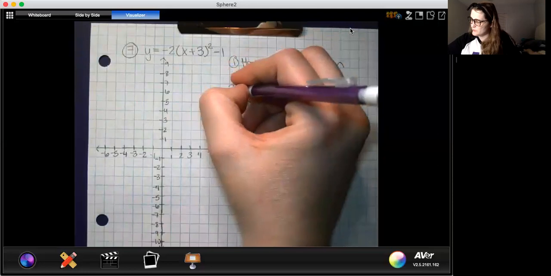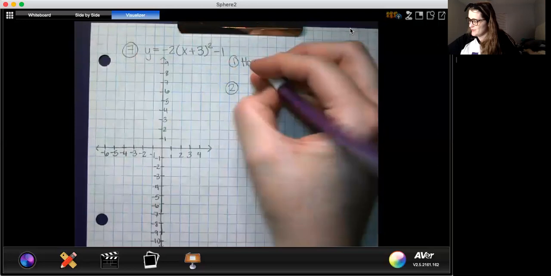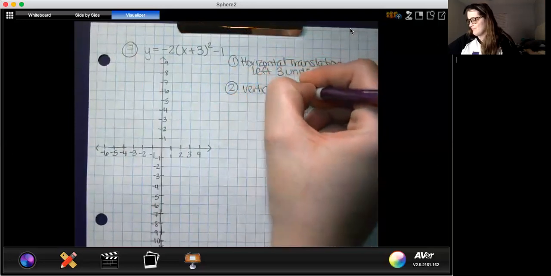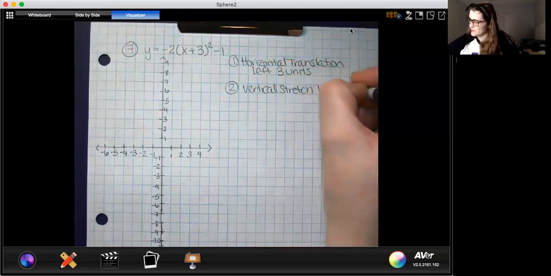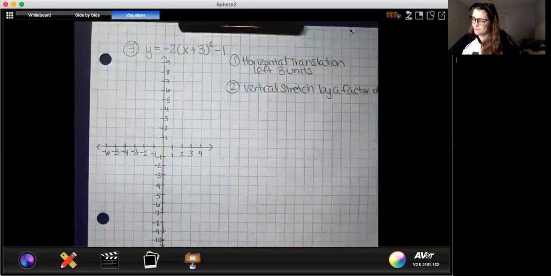Then number 2 is going to be your stretch, vertical stretch by a factor of 2.